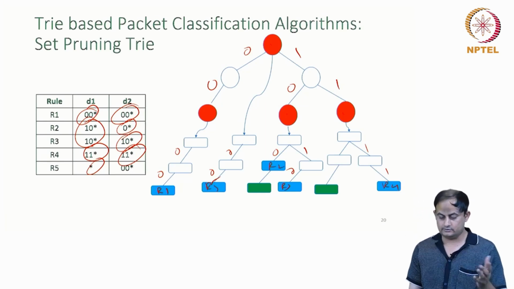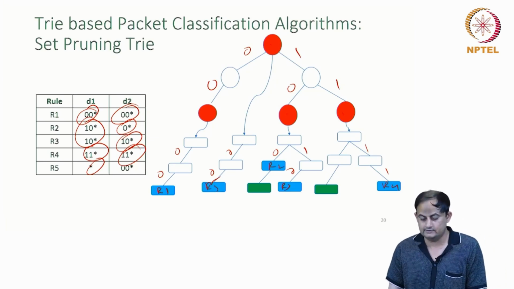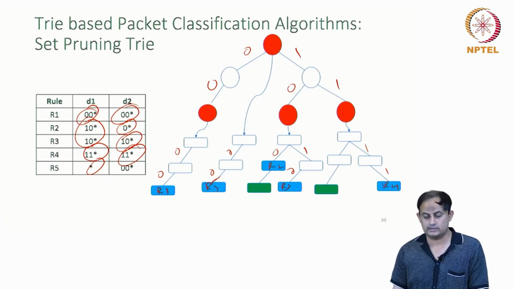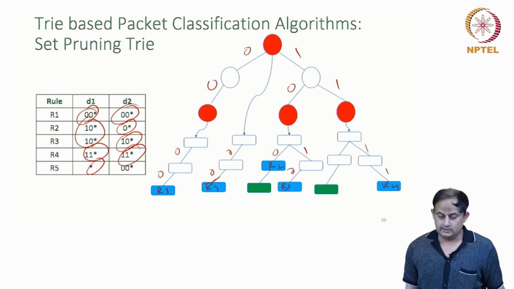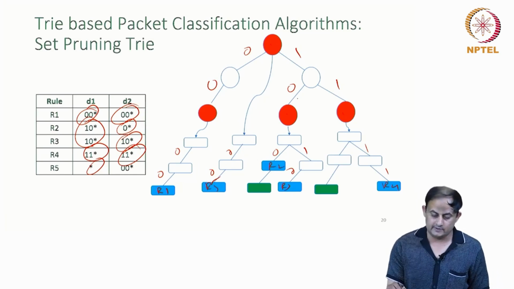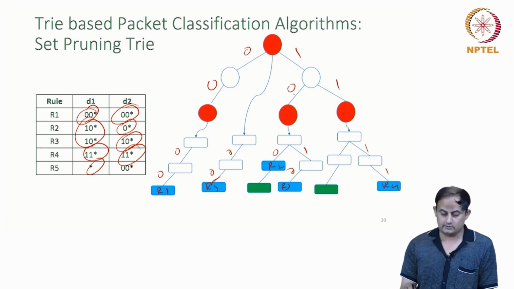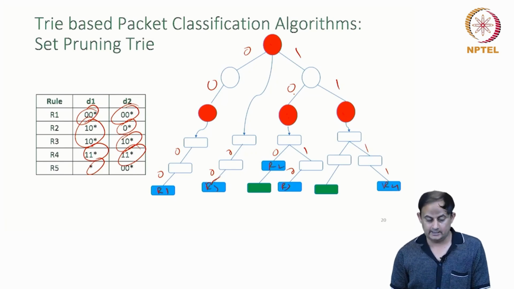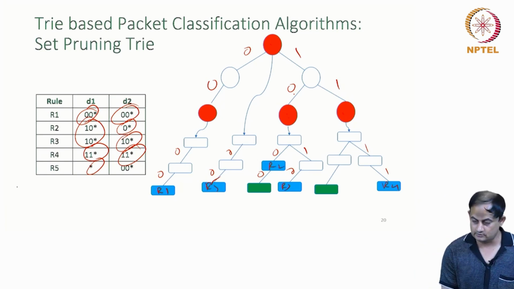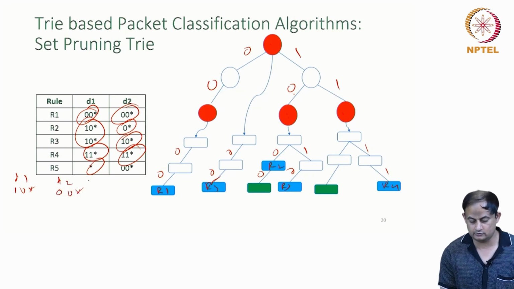Now you need to replicate the rules. The nodes highlighted in green are the nodes which are replicated. So what are the rules that are replicated? When the input in the first dimension is 1 0 star, you came here, and then if your subsequent input is 0, you came here, R2, and if that fails, let's say the input is 1 0 star in dimension D1, and D2 is 0 0 star.